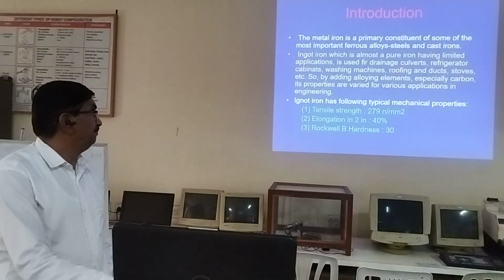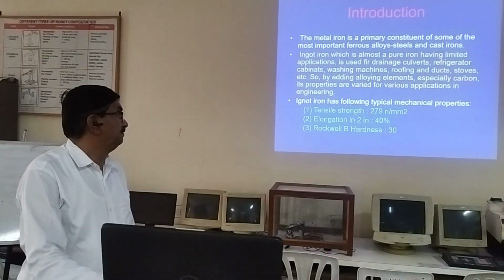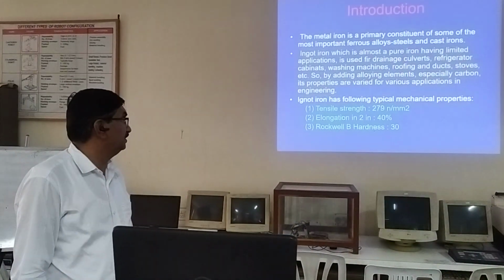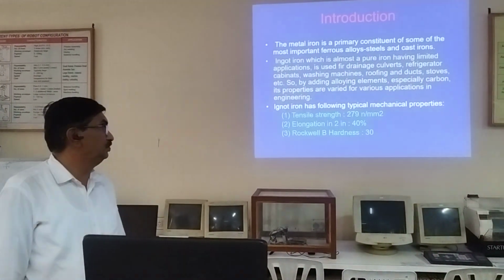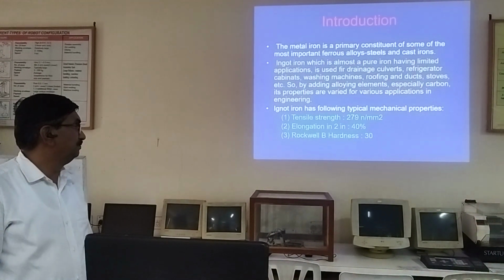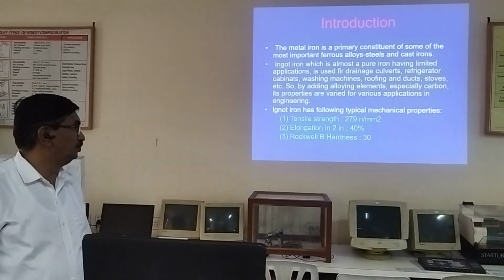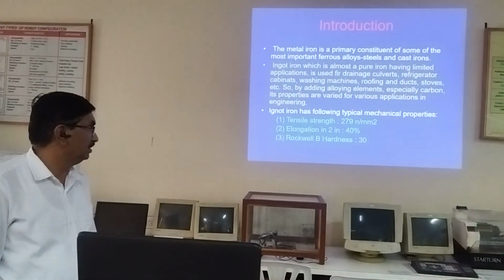Now, the metal iron is the primary constituent of most ferrous alloys, forming steel and cast iron. Pure iron is used for very limited applications, such as air drainage, culverts, refrigerator cabinets, washing machines, and roofing, where we require low strength and high elongation.